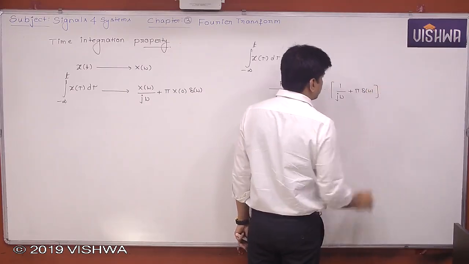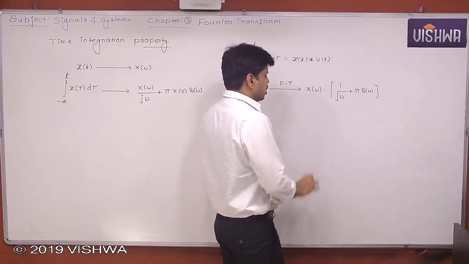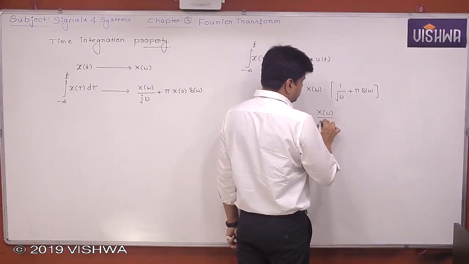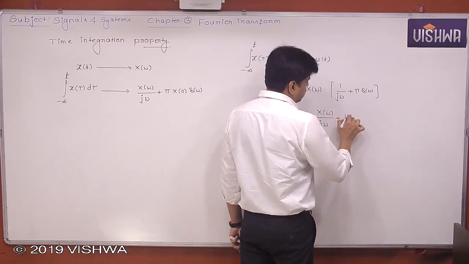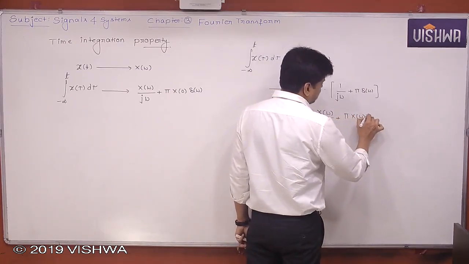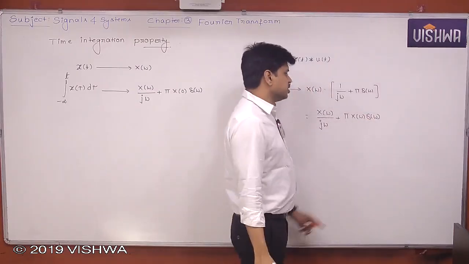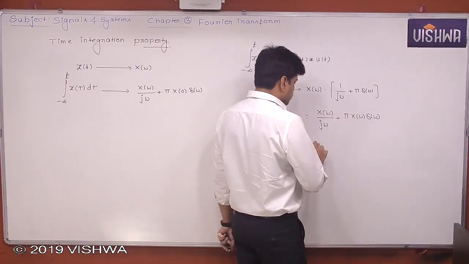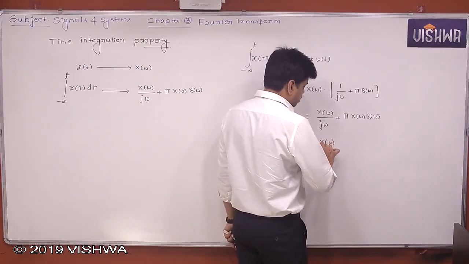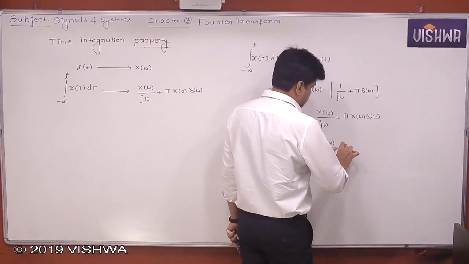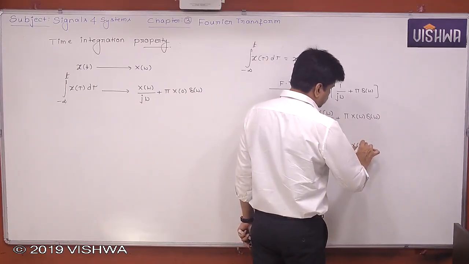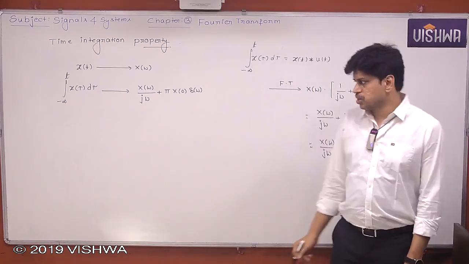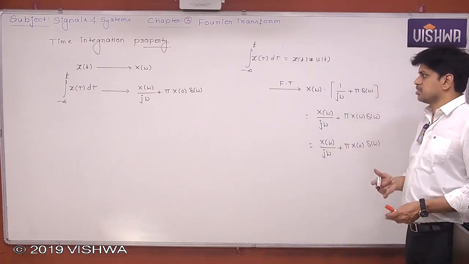That is the Fourier transform of u of t. Now, if I multiply this, X of omega by j omega plus pi X of omega delta omega. Next, any signal multiplied with delta omega, omega has to be replaced with 0. Then this is going to be X of omega by j omega plus pi X of 0 delta omega. Clear?